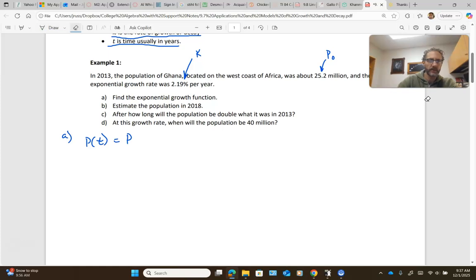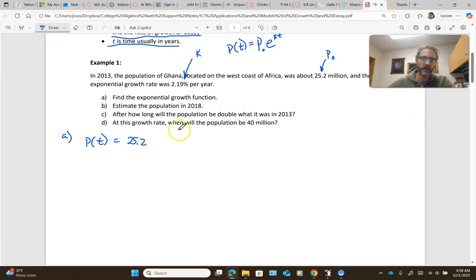Well, actually, we're going to replace. You know what? Let me write the formula or the template up here so we can have it to refer to. P naught times e to the power of kt, k times t. All right, so I'm going to fill in for P naught and for k. So P naught is 25.2 million. Now you don't have to actually write that as 25,200,000.